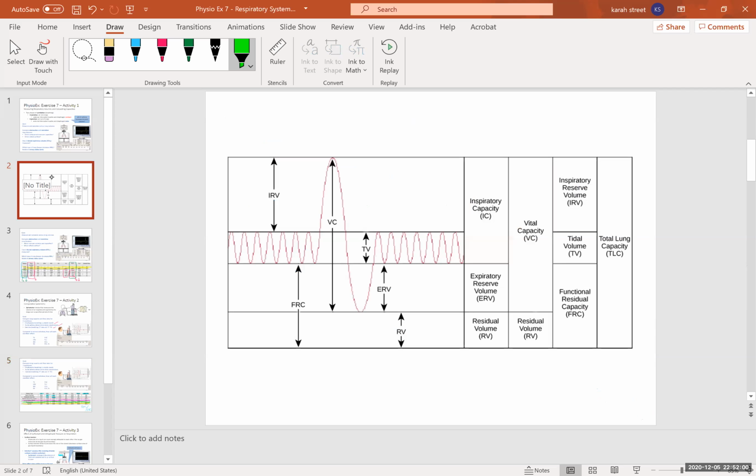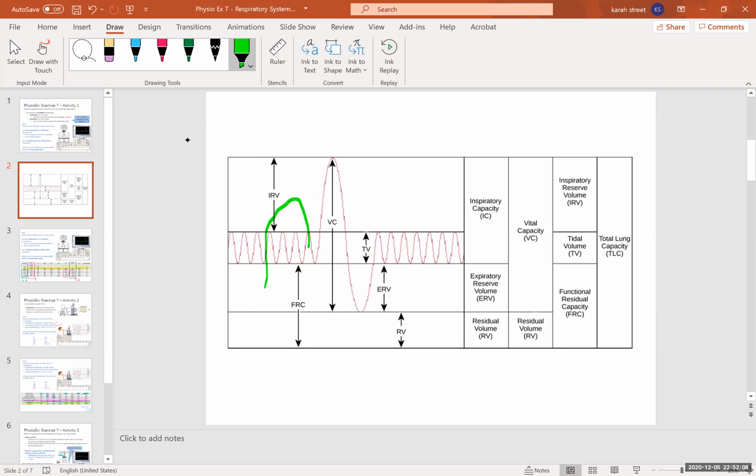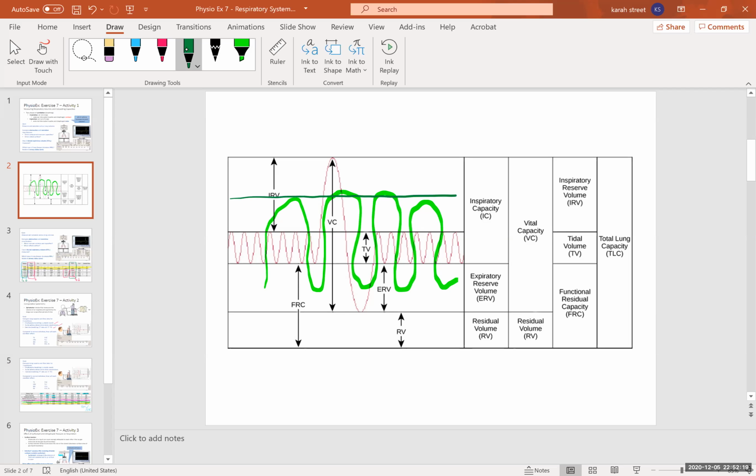If your tidal volume goes up, and let me highlight that in green, like this because you're running, notice what happens to the amount of inspiratory reserve volume you have left. It has gone down. Notice what has happened to your expiratory reserve volume.